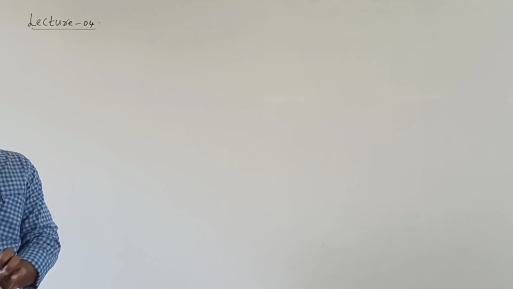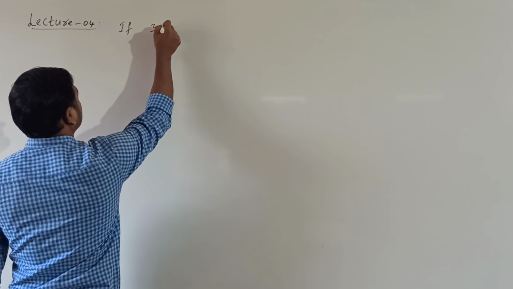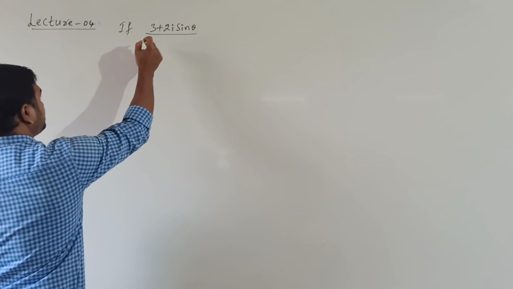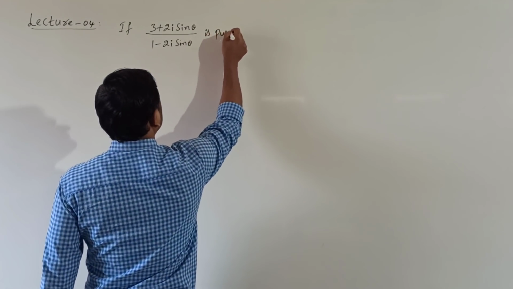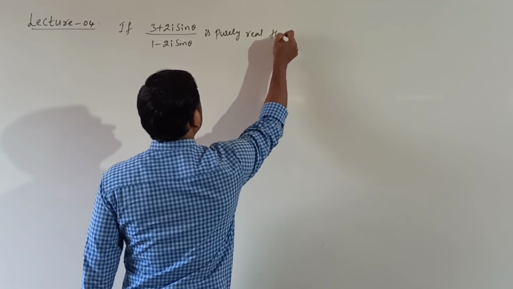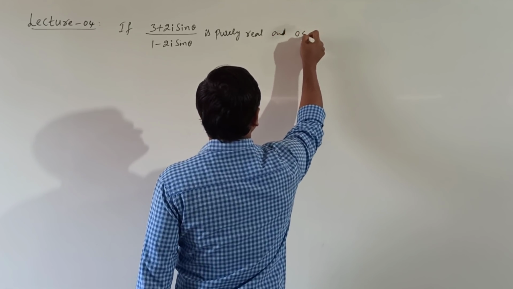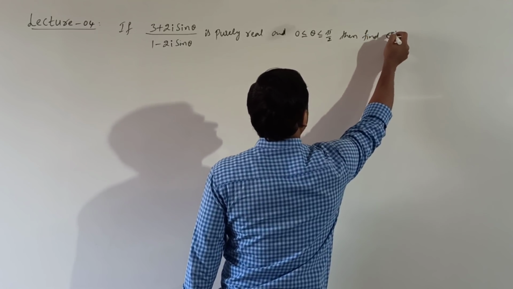Next, if (3 plus 2i sin theta) divided by (1 minus 2i sin theta) is purely real, and 0 is less than or equal to theta less than or equal to pi by 2, then find theta.